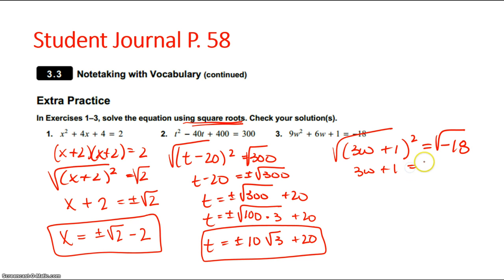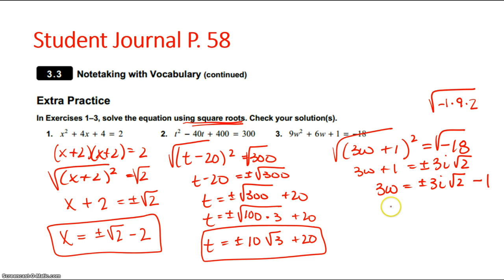Okay, let's check out that plus or minus. What perfect square is in 18? Well, hopefully you're thinking that's negative 1 times 9 times 2. So I get plus or minus 3i root 2. Okay, I need to subtract over my 1. 3w equals plus or minus 3i root 2 minus 1. And finally divide by 3.